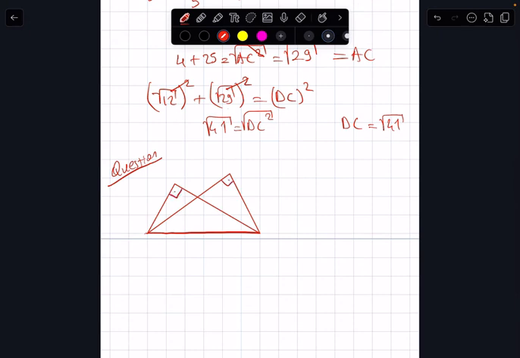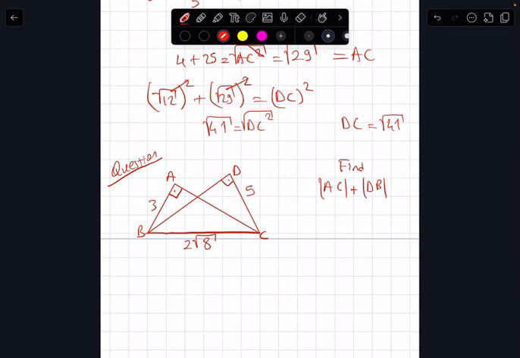And this is also 90 degrees. A, B, C, D. AB is equal to 3. DC is equal to 5. And BC is equal to, let's say, 2 square root 8. Okay? Find AC plus DB, the lengths of them.